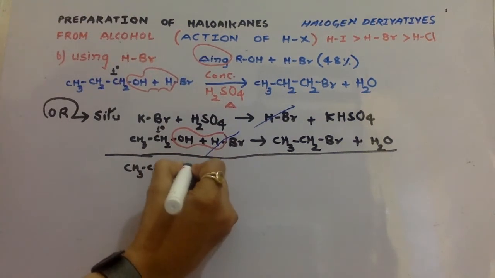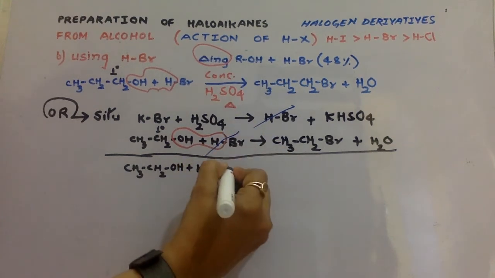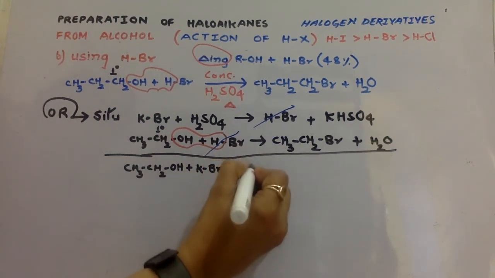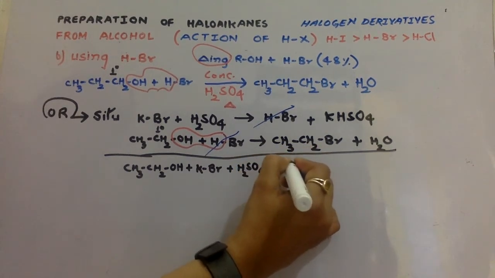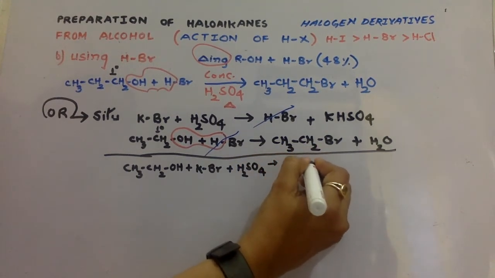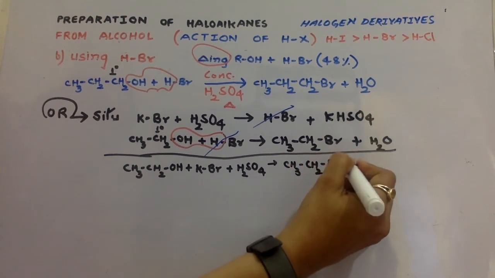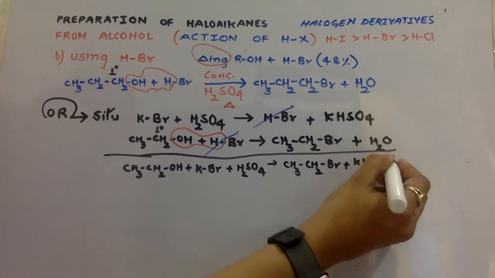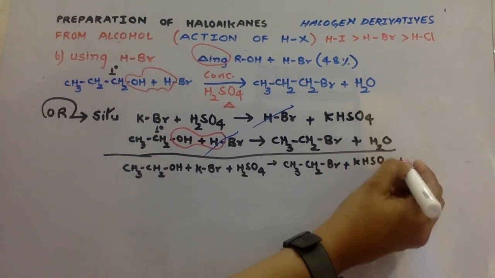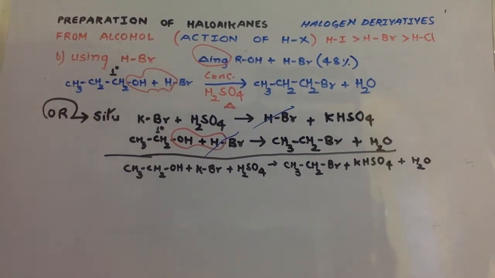So ethanol plus KBr plus H2SO4 gives ethyl bromide plus KHSO4 plus a molecule of water. So the same thing can be written in one step.